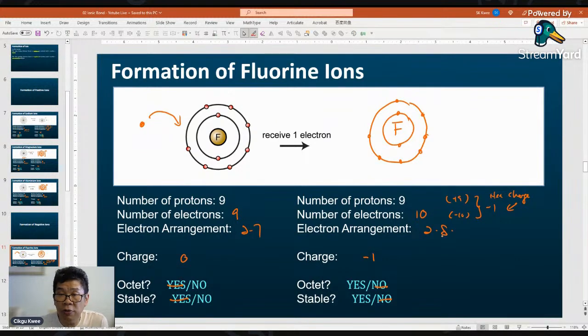Usually we use a cross, another symbol, to represent the electron it received from the other atom. So the last electron I draw as a cross instead of a dot. This is called a dot and cross diagram. We use dots and crosses to represent the electrons. Then we put the brackets, and the charge is 1 negative. So that is the formation of negative ions.